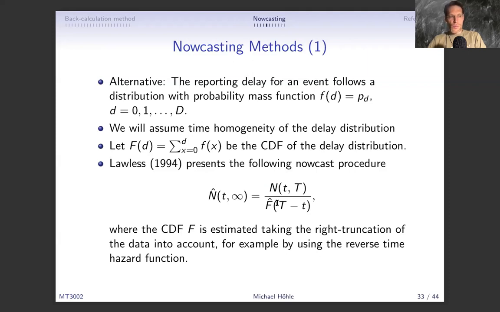With a delay of 1 day, we maybe have 50%, or no, let's take a smaller number: after a 1 day delay we typically have 10% of our observations available. So we would take our 5 cases and divide by 0.1 to get the total number we would expect. This is a very simple proportion division, so a very simple estimate.